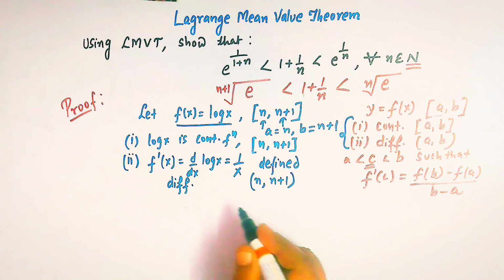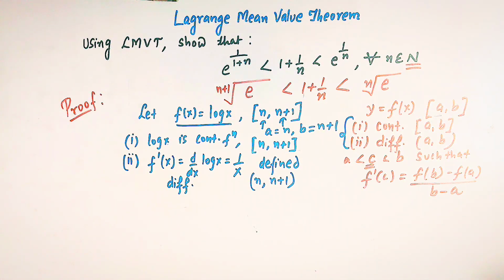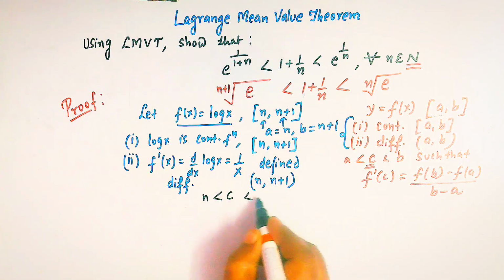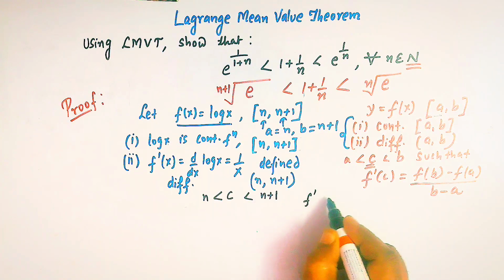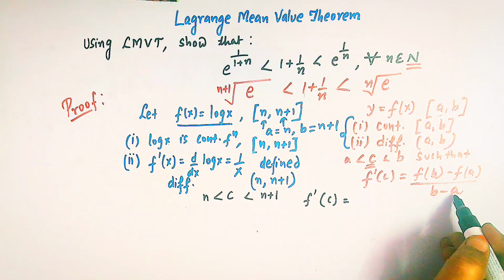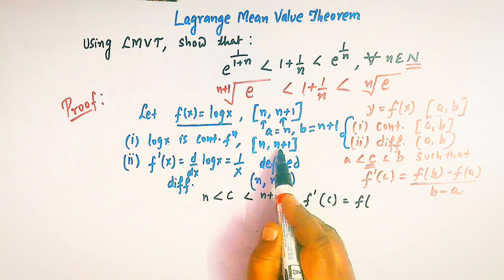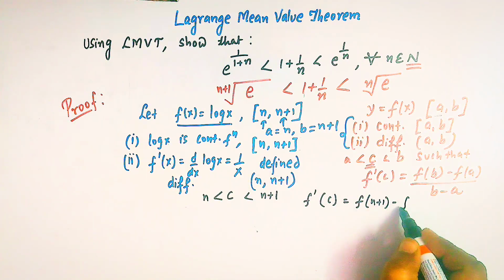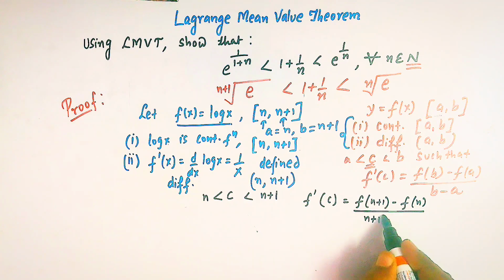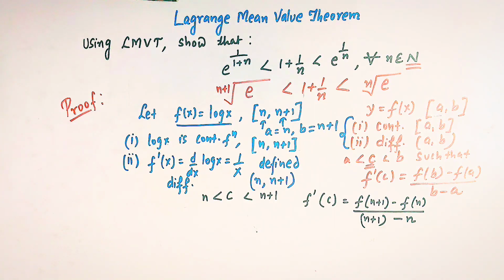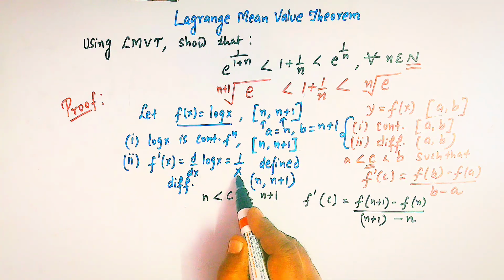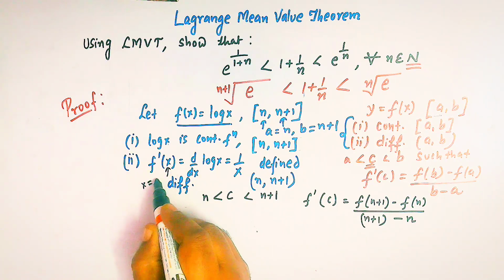Now the mean value theorem says that there must exist some point c lying between n and n plus 1 such that f prime of c is equal to f of b minus f of a divided by b minus a. So b is n plus 1, and a is n, and we can write here n plus 1 minus n. Now f prime of c can be written as 1 over c by replacing x by c.